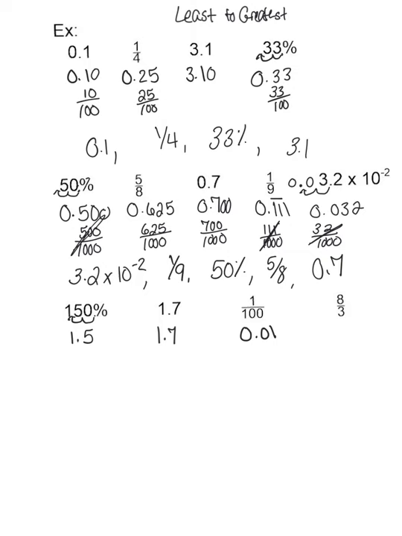And then 8/3. We make that into a mixed number. That will be 2 2/3, or 2.6 repeating.